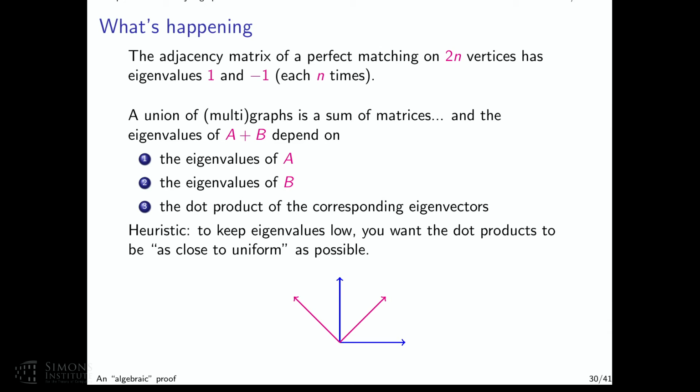So the heuristic here, since you have 1s and minus 1s, is you hope they'll balance each other out if you distribute everything evenly. So what you want to try to do is to keep eigenvalues low. You want all of these dot products to be as close to uniform as possible. Of course, you don't have very many choices for B because A is a graph matrix, an adjacency matrix, as well.